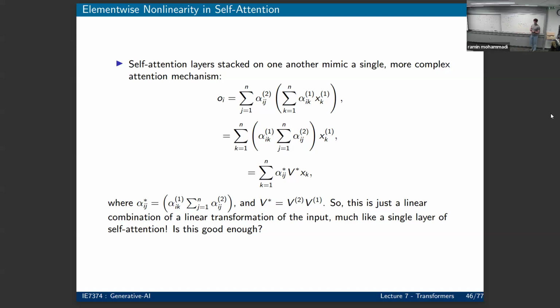Then you go to the second timestamp. Now this word becomes the query, the previous word is a key, and every other word is also a key. You do the same loop, and then you find O2. And you go all the way until you get OT. So every word will attend to itself and every other word, and you get some output. Now, what if we stack this on top of each other? What if we put another self-attention here?